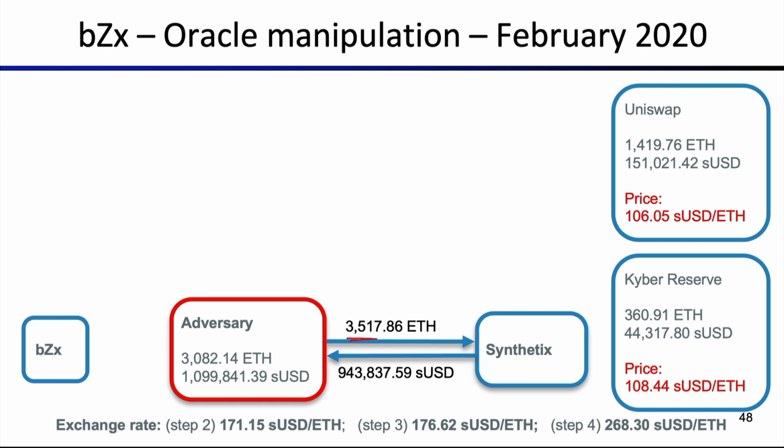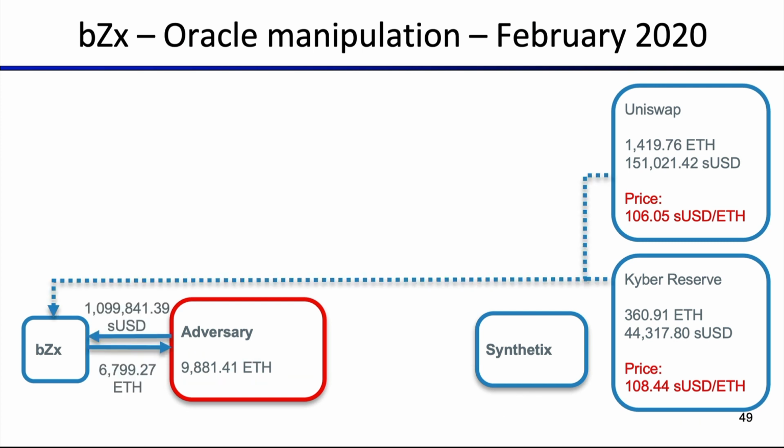So the adversary uses 3,500 ether to create SUSD. And we can see here that now the adversary has quite some SUSD. The adversary can now go to BZX, right, which is a margin trading platform.